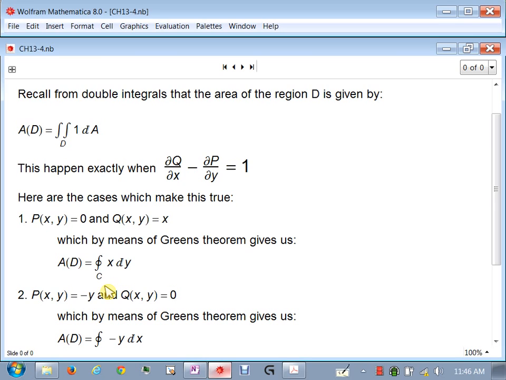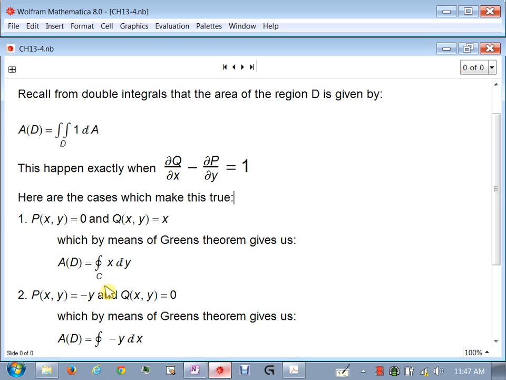I'm saying for this right here inside, if this is a 1, I could make that happen by letting my P be 0, my Q be X. Which means that when I convert the double integral to a line integral, if P is 0 and Q is X, then this line integral just becomes the line integral of X dy. Do y'all see that?